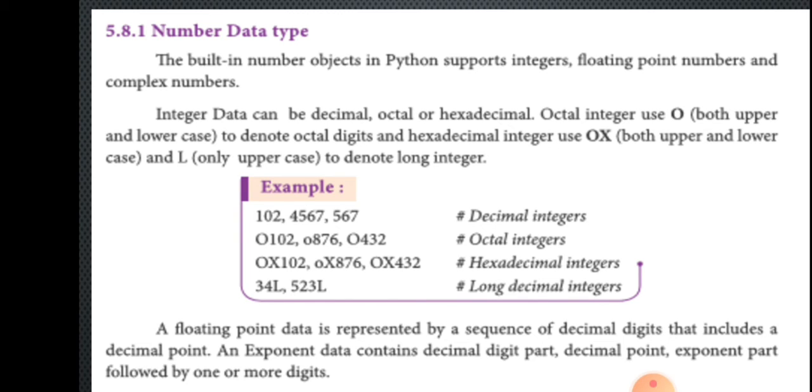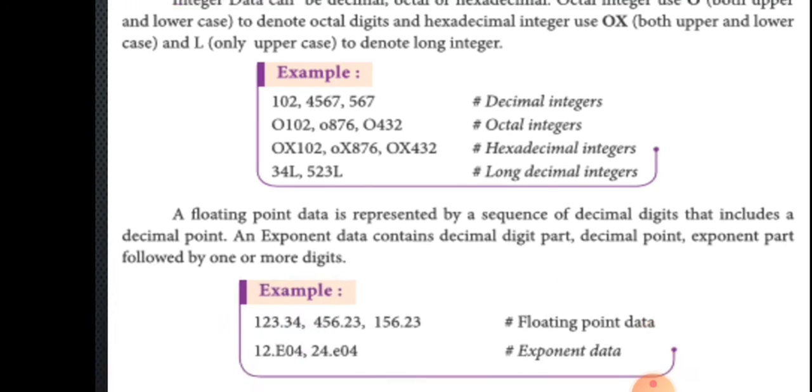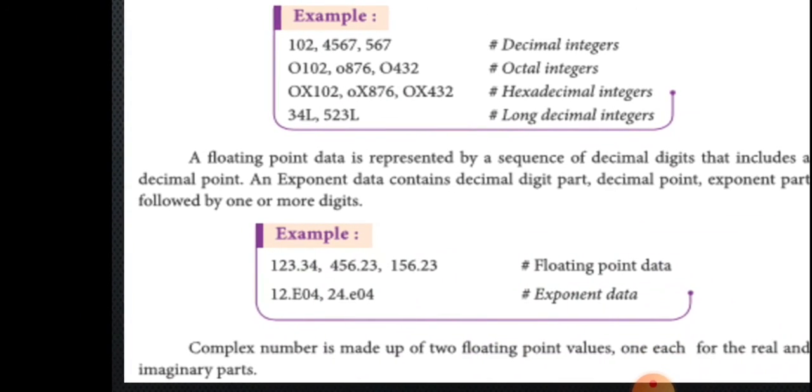So exponent data contains three parts: first the decimal part, second the decimal point, and third the exponent part.